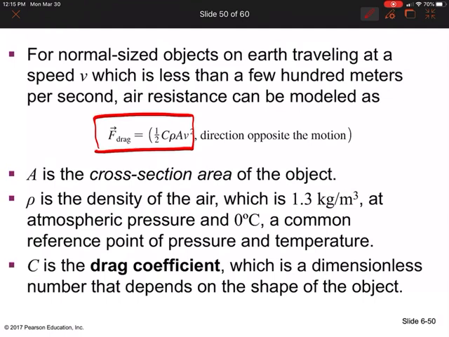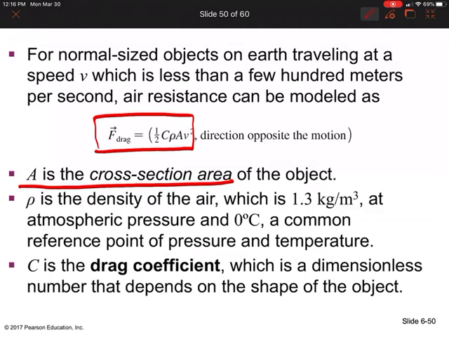This equation is showing you a couple of things. First, the V is for velocity. The A is the cross-sectional area, so sometimes it'll give it to you. We're going to do an example here in a moment that shows you what I mean with that.